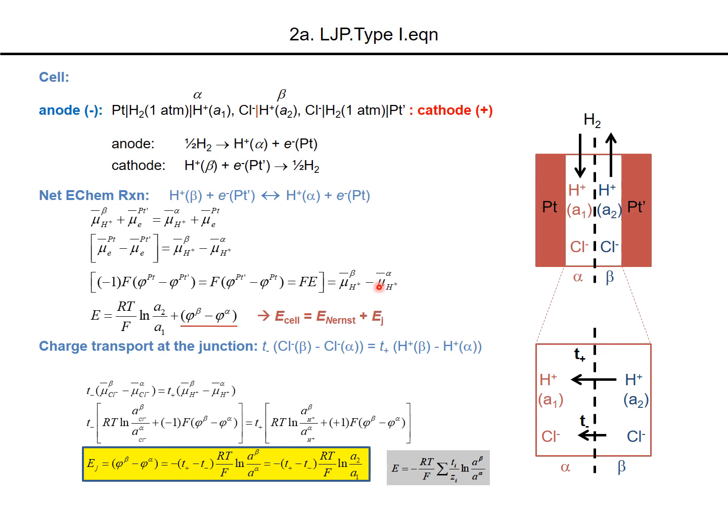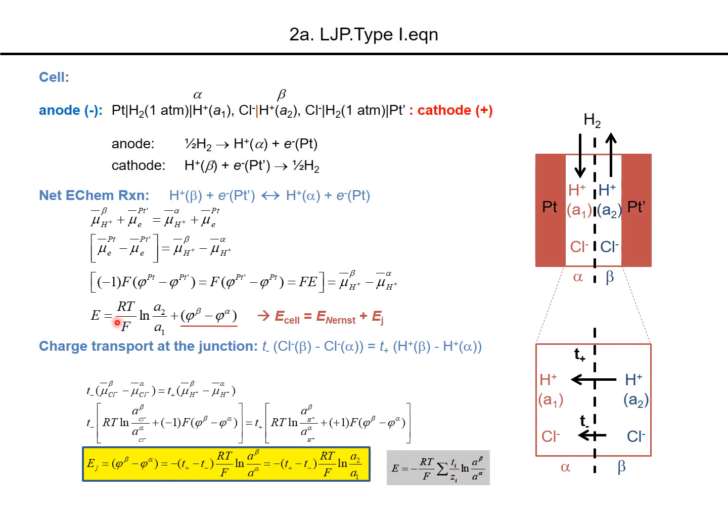So you don't need to think about the standard chemical potential because here is the minus. And the other 2 terms are here, the activity term and the electric potential term. So E, the cell potential, is equal to RT over nF ln of the activity ratio. What is that? That is the Nernst equation.